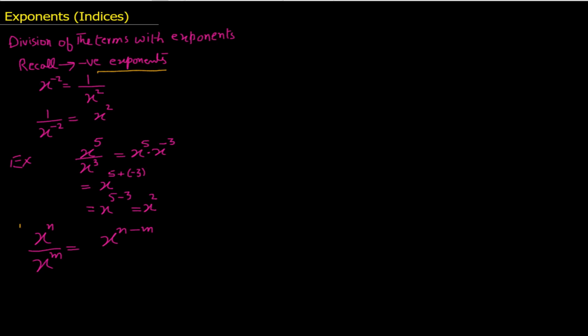So we have not derived, but just explained this formula: if two terms are being divided, the result would be the difference of the exponents, exponent of the numerator minus the denominator, and the base will stay the same. So this is the way we do the division of the terms with exponents.